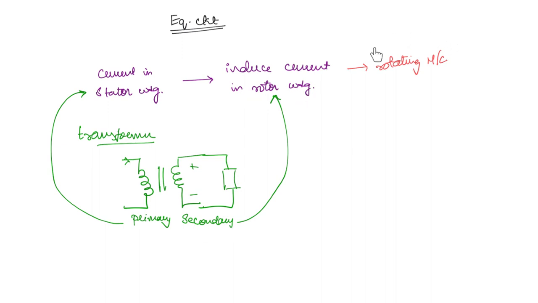But how to incorporate this rotating characteristic into the equivalent circuit? First we will take the exact equivalent circuit of the transformer, and from there we can build the induction motor circuit. So remember, this is the transformer, not the induction motor, okay.